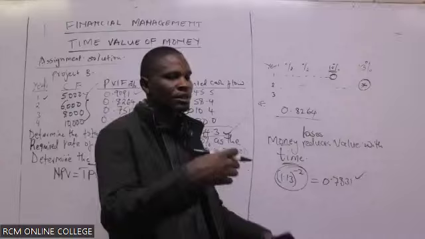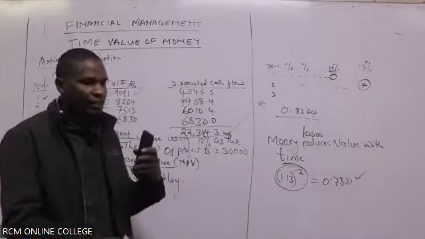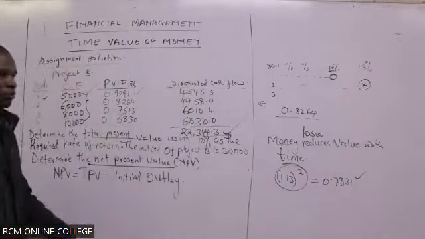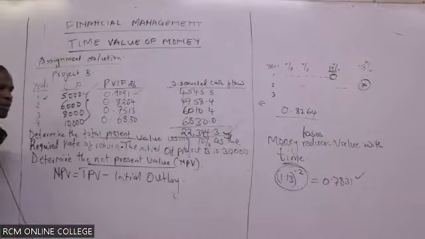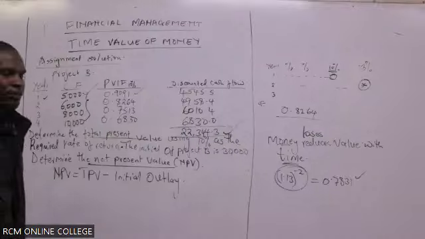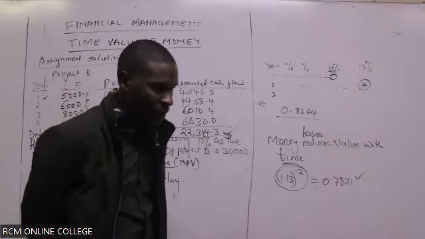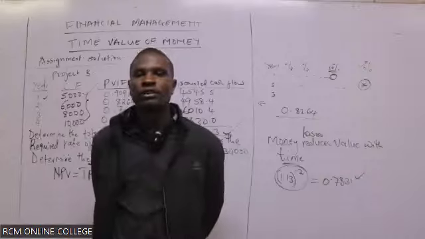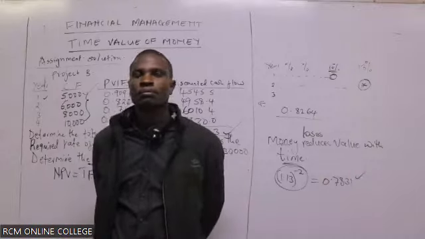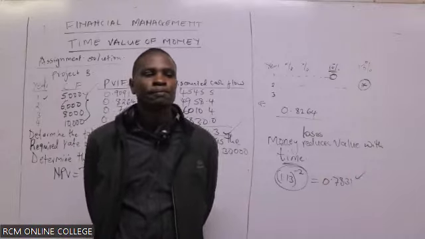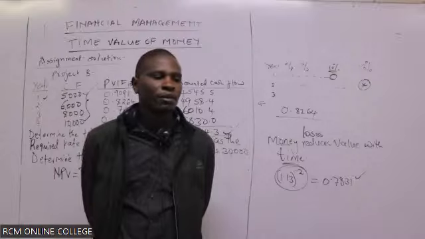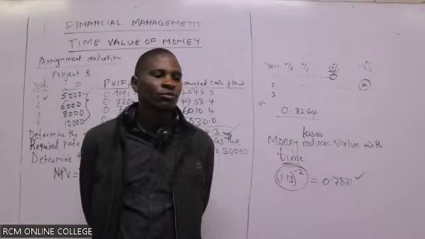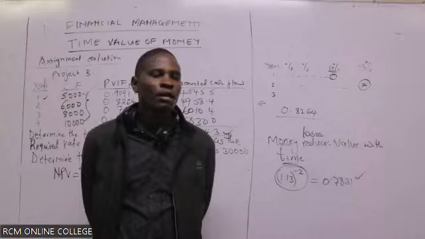Remember, now we started expounding. What is our net present value? Somebody. What will be our net present value? 22,344. Kadhoni, naona kama umegonga mwamba.